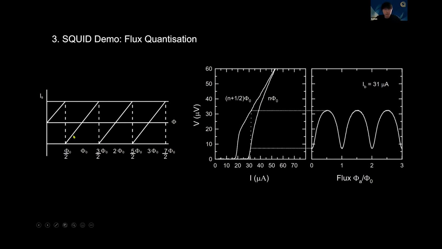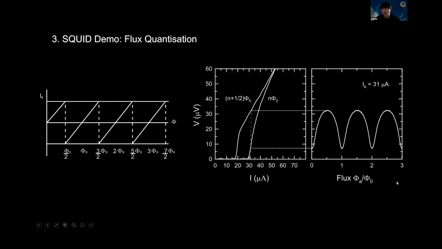So let's say we start from 0 and fix the current value. Then we start from here. As we increase the flux from 0 to half the flux quantum, we transition from this point to that point, and then it goes back to this point when it reaches 1 flux quantum. So it goes back and forth. And that is the graph that we are looking at right here.